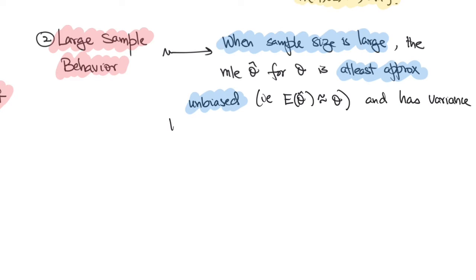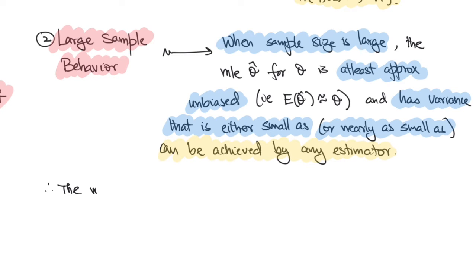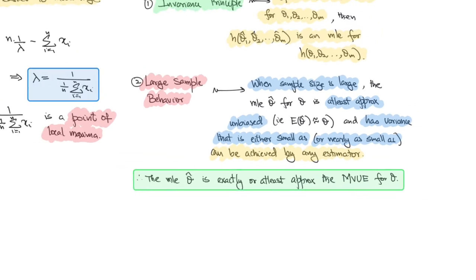And it also has variance that is either small as or nearly as small as can be achieved by any possible estimator. To rephrase this, what it means is that the MLE theta hat is at least approximately or exactly the minimum variance unbiased estimator for theta.